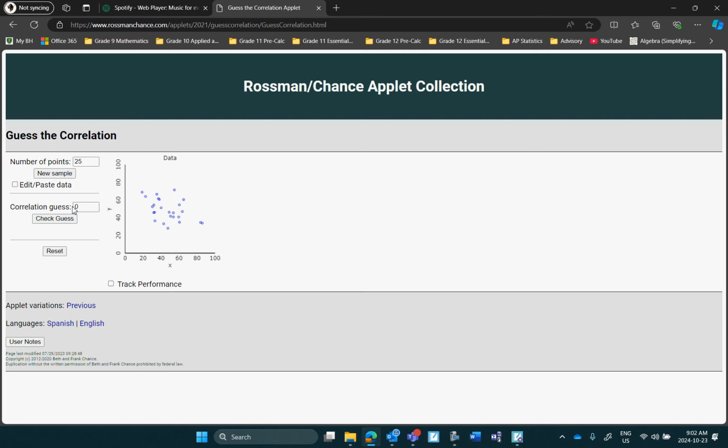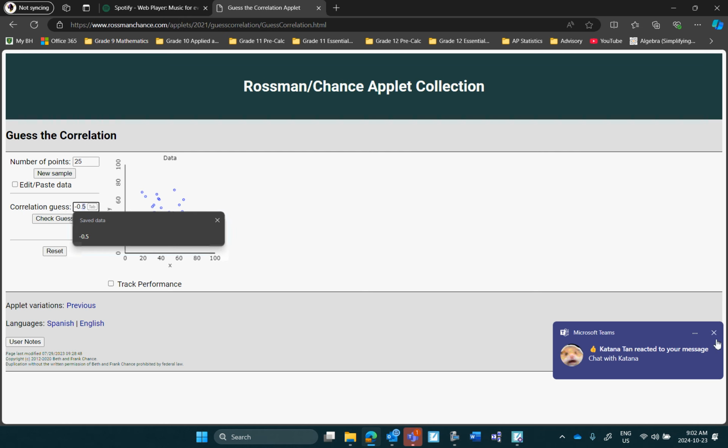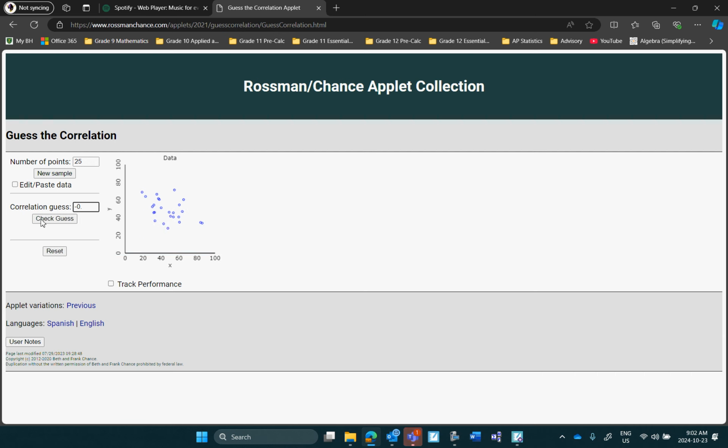We're going to go negative again. Try -0.3. Negative 0.453. Zero 0.8, 0.7. Okay, let's go 0.75. 0.673.